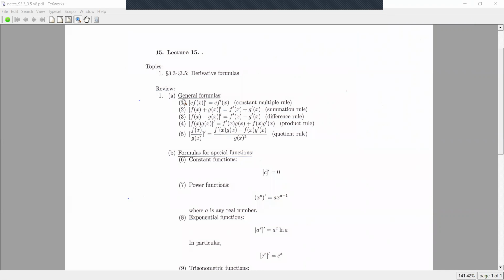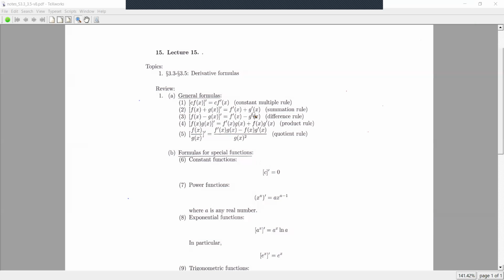Formula number 1, constant multiple rule. A constant times a function, then derivative is the constant times the derivative. This formula says that we can move the constant outside a derivative.